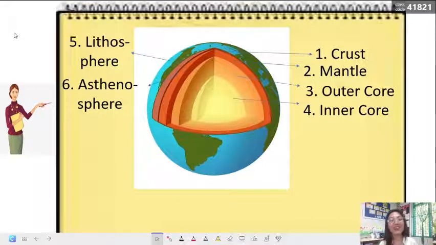Yes, number 1 is the crust, number 2 is the mantle, number 3 is the outer core, number 4 is the inner core, number 5 is lithosphere, and number 6 is asthenosphere. So look at the parts of the earth. I think you are familiar already with this one. I think this is just a review for you.